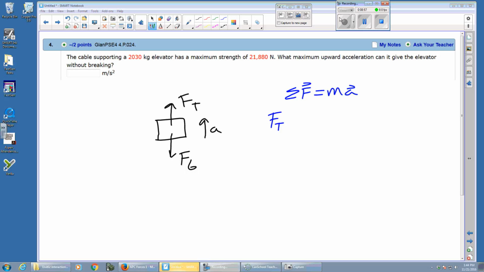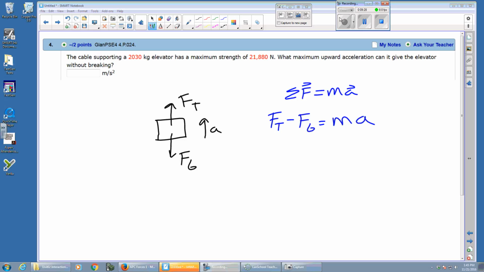I'm going to go down as negative, okay? All right, can drop all my vector symbols, right? Because I'm taking into account the directionalities. Because I made up positive, so the acceleration I made positive and the tension I made positive, so no need for vector.